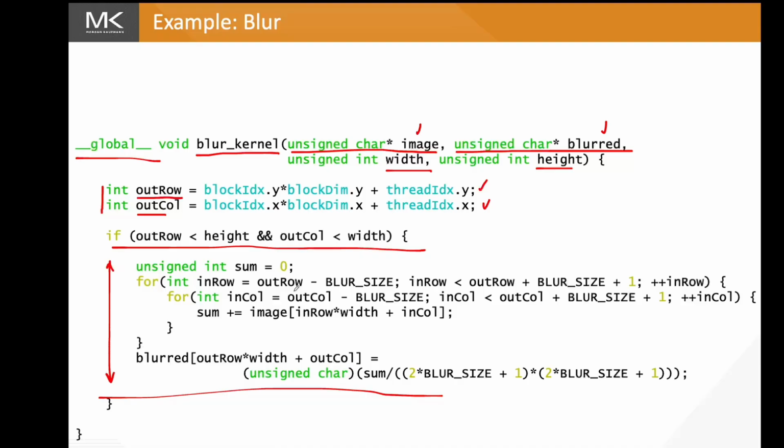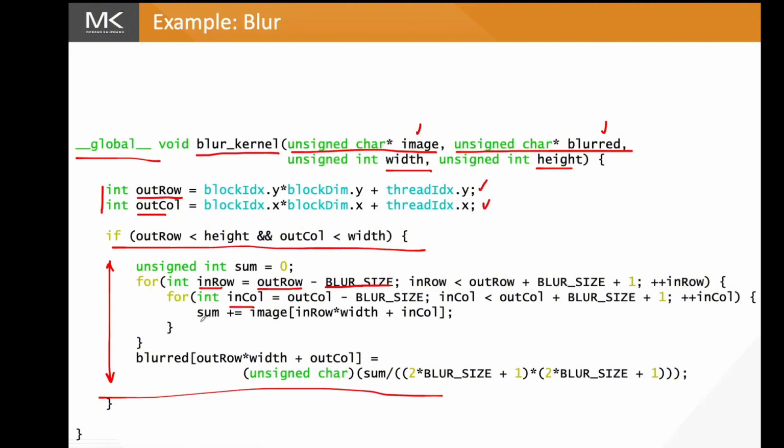We define a global variable called blur size, which tells how many pixels around the current pixel you want to consider for the average. Then we start with the in row and in column, which is the output pixel minus this blur size, because we want the corresponding pixel in the input image, right? And then we have this for loop here.